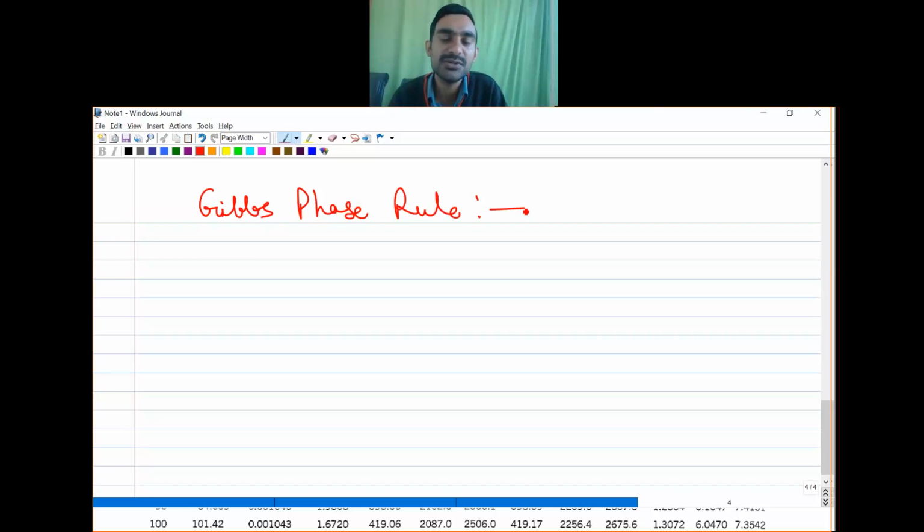So it tells the number of independent properties required to specify the thermodynamic state of the system. As per the Gibbs phase rule, this number of properties is called the number of degrees of freedom, F.